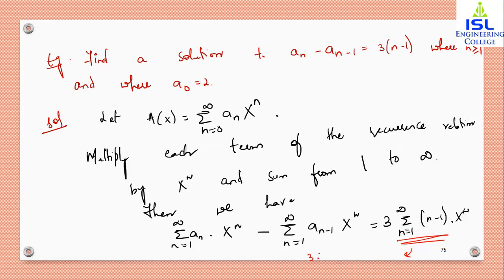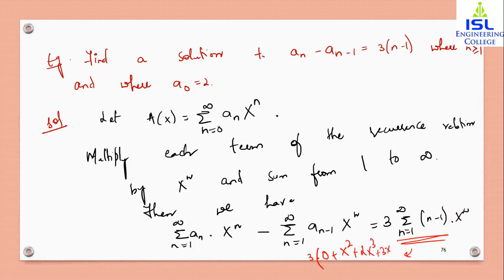This will be taken as 3 into, if we substitute n is equal to 1 to infinity. First n is equal to 1, 1 minus 1 into x power 1. This will be 0. First term is 0. Second term, n is equal to 2, 2 minus 1, 1 into x square. So this will be x square. After that, we have n is equal to 3, 3 minus 1, 2, and this will be 2x cube.